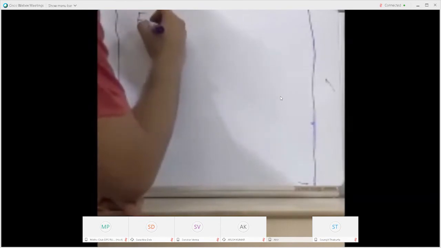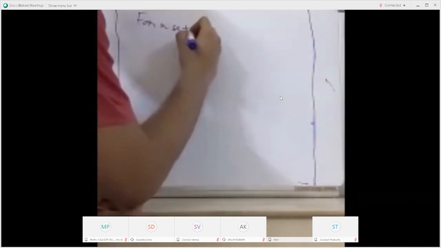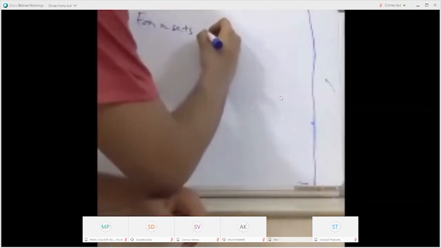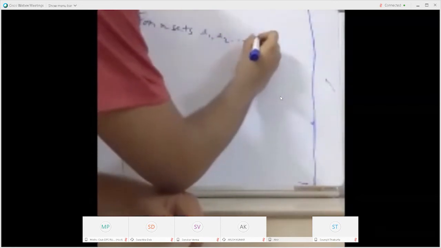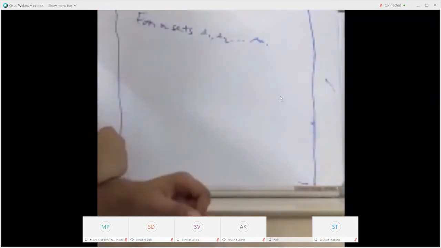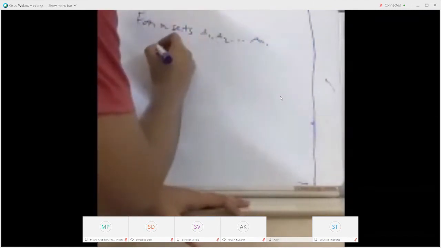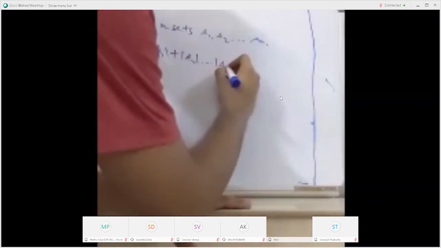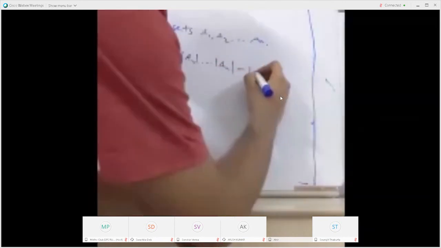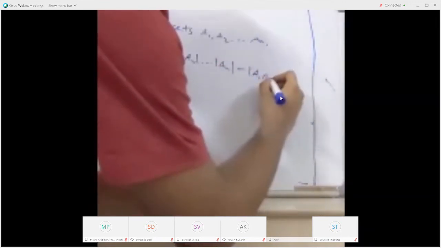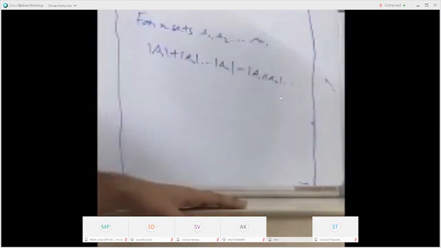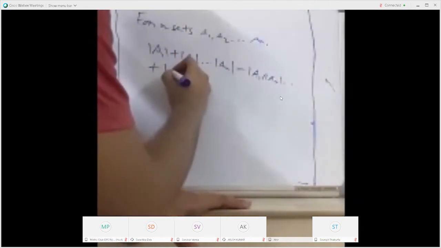For n sets, suppose the sets are A1, A2, up to An, then the number of distinct elements would be A1 plus A2 up to An, minus the pairwise intersections of all these, A1 intersection A2, and we take all the pairwise combinations, plus the intersection of 3 of these.